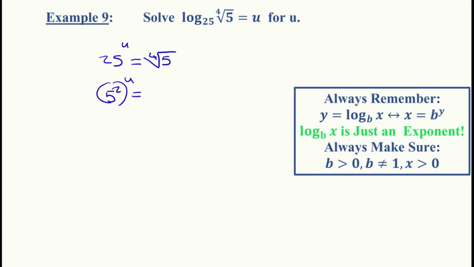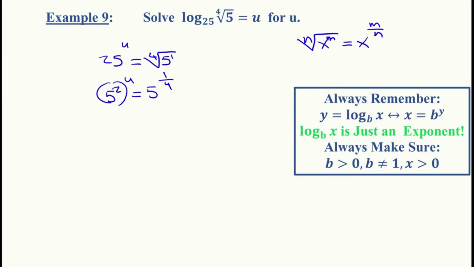And of course, we know we have the rule that says the nth root of x to the m equals x to the m over n. So we get 5. Of course, here the exponent is 1 to the power of 1/4.